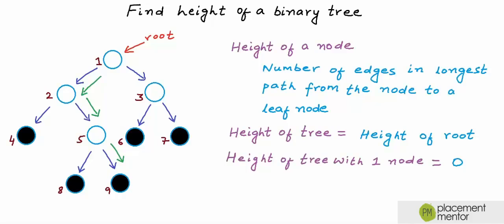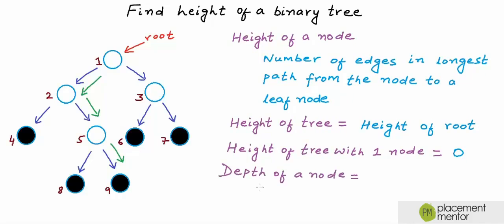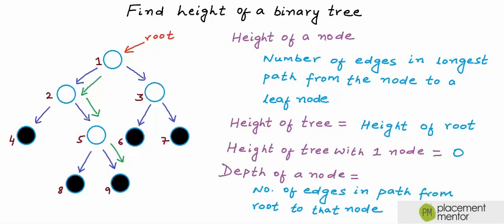We often also talk about depth, and we often confuse between depth and height, but these two are different properties. Depth of a node is defined as number of edges in path from root to that node. Basically, depth is distance from root and height is distance from deepest accessible leaf node.